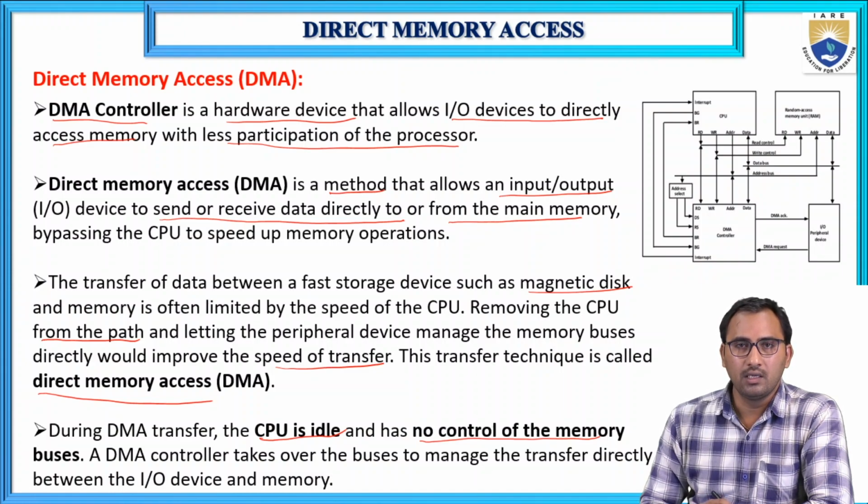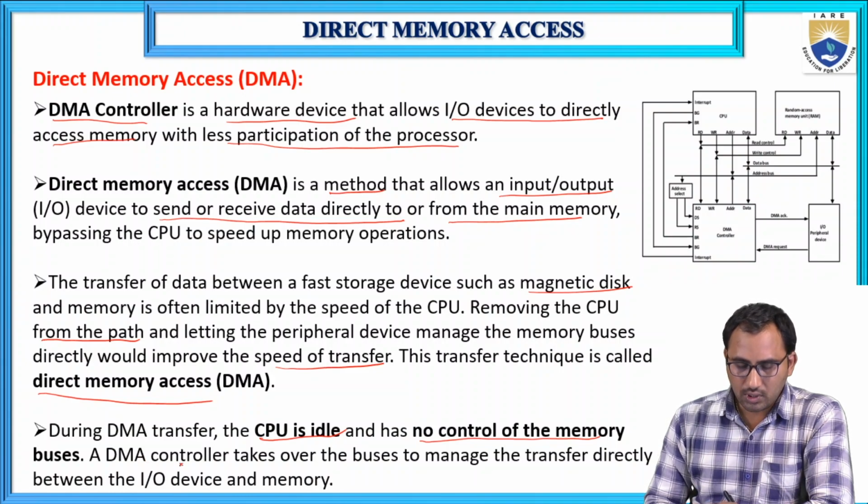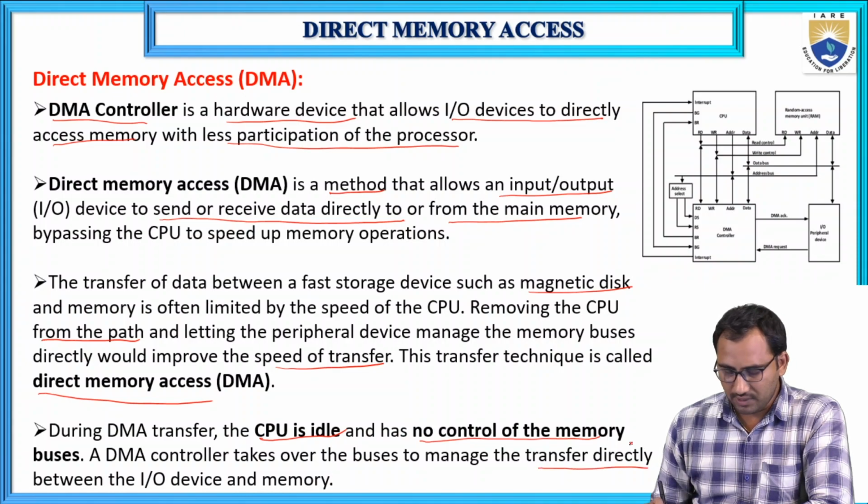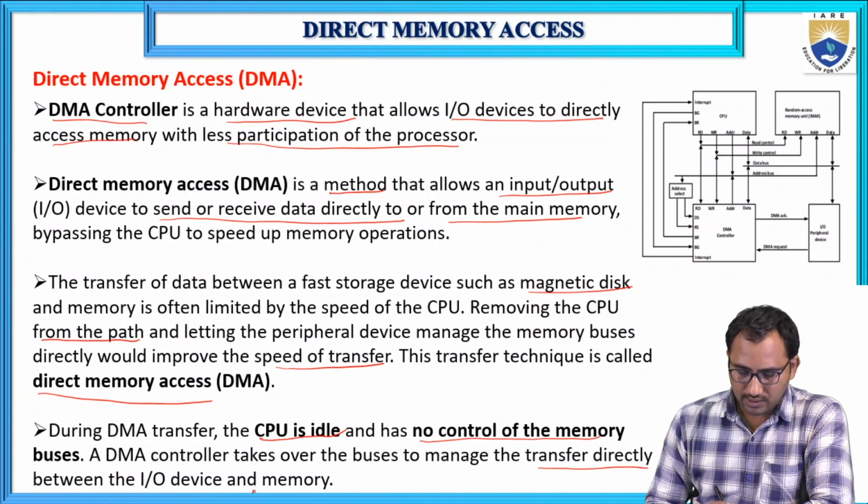So the DMA controller takes control of these buses, so that it can start the data transfer from the I/O device to the memory with less participation of the CPU, managing the transfer directly between the I/O device and the memory.